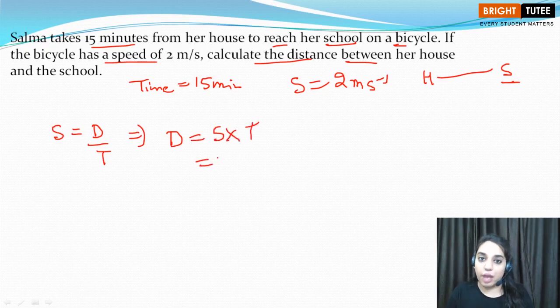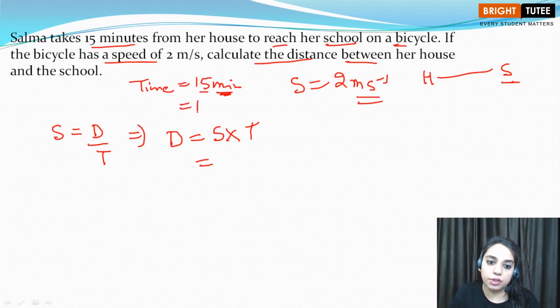But before evaluating this by putting the values for time and speed, we need to check the units of each of them. Children, before solving any numerical, you have to make sure that all units are correct. For example, the speed is in meters per second, so time should also be in seconds, whereas we have it in minutes. So in order to convert it into seconds, we will multiply it by 60.